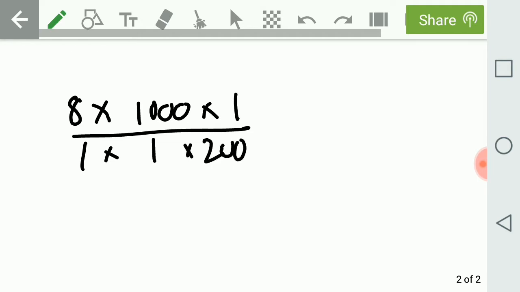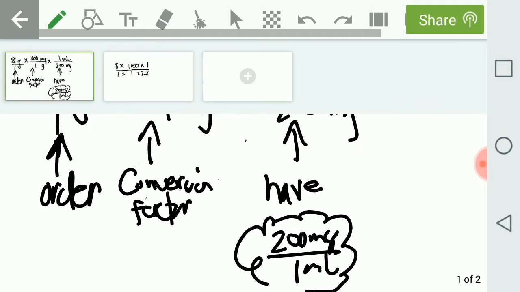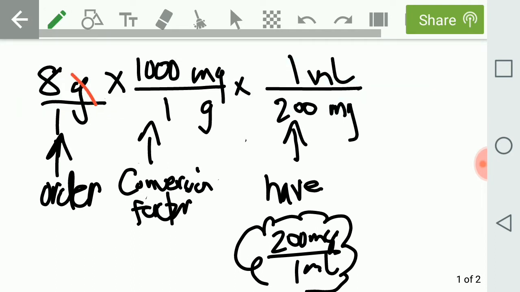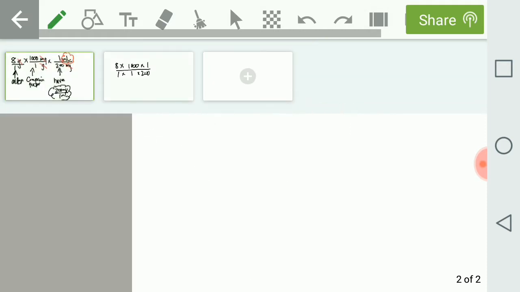And what's left over? Let's go back and look at that. We're going to cancel out grams, cancel out milligrams. And so now we have milliliters as our unit left.